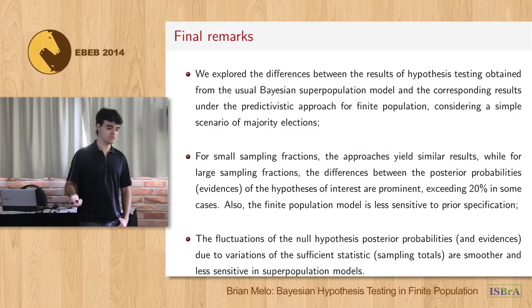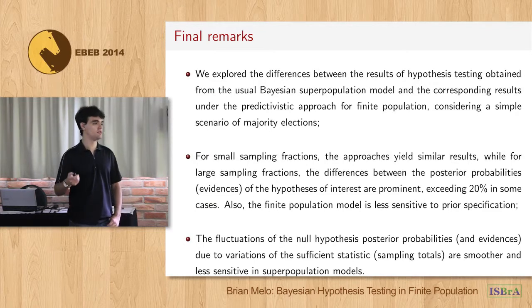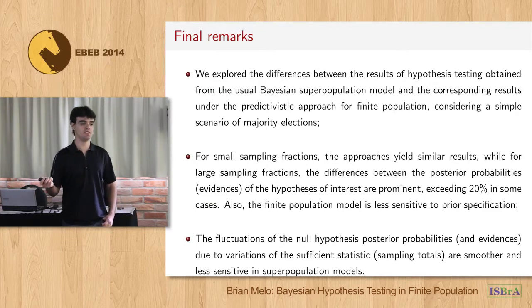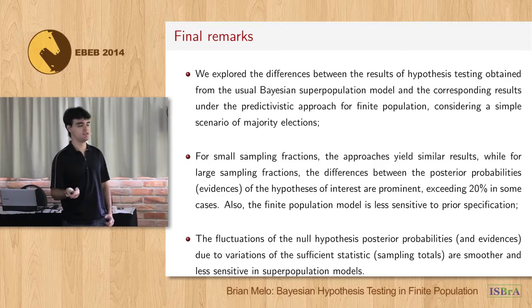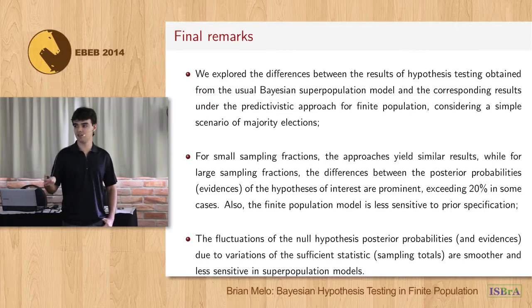So, some final remarks. In this work we explored some differences regarding hypothesis testing between finite population and superpopulation models. For small sample fractions, the approaches always yield similar results, but they can be very different as the sample fraction gets larger.